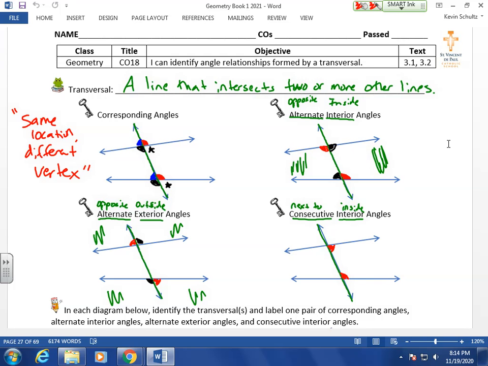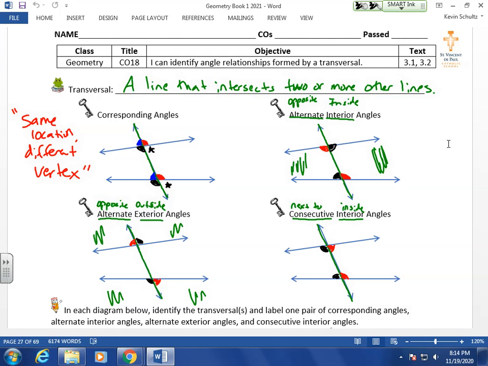There's one up above the other, and they're inside our two horizontal lines. Another pair of consecutive interior angles, and there are only two of them, would be here in black and there in black. Right? So very similar to the alternate interior angles, because both are inside there.